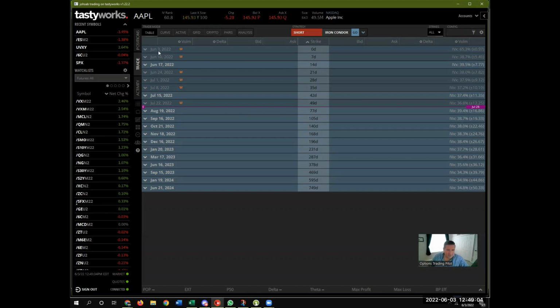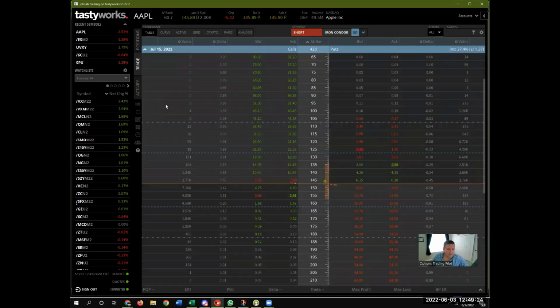These are the different weeks, and each one of these has options. A stock option gives you the right to buy or sell, a put or a call, at a certain day and strike.